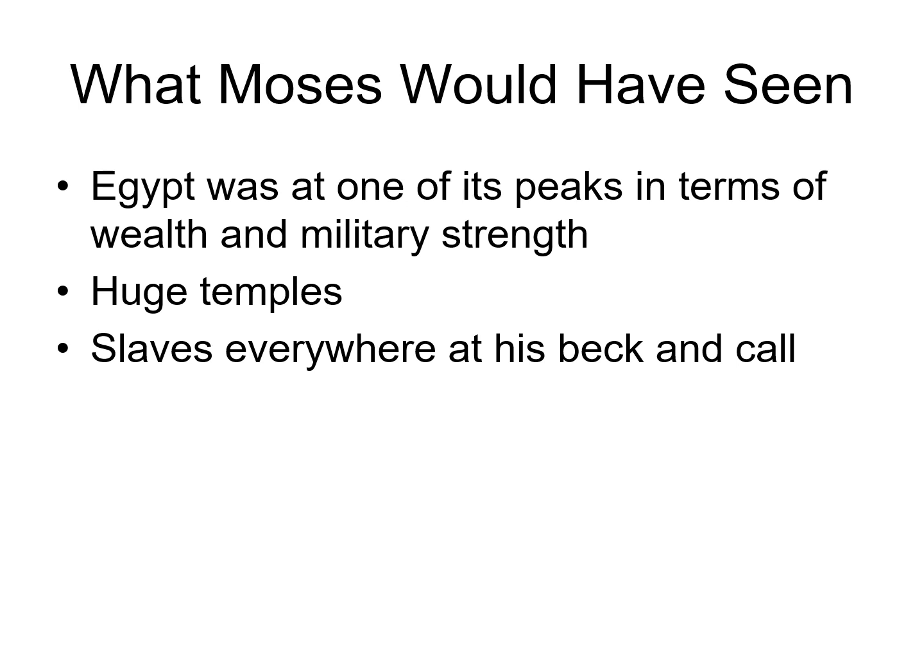So what Moses would have seen would have been pretty similar to what Joseph would have experienced. Some differences, though. Egypt was at one of its peaks in terms of wealth and military strength. And during the time since Joseph's life, the temples would have become even more magnificent. There would have been more wealth in the nation.